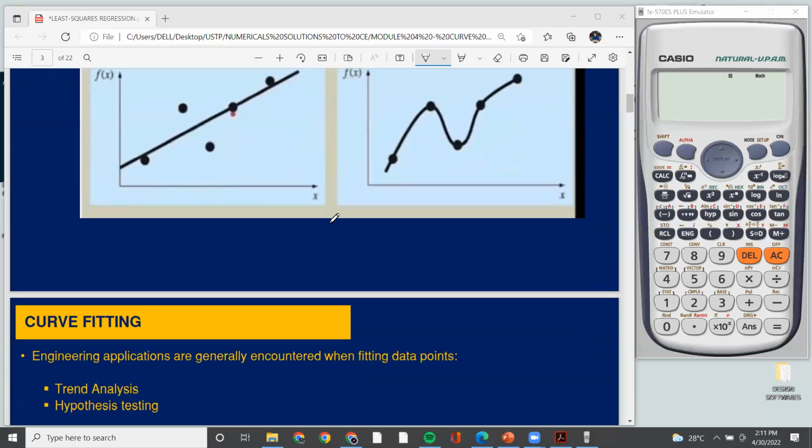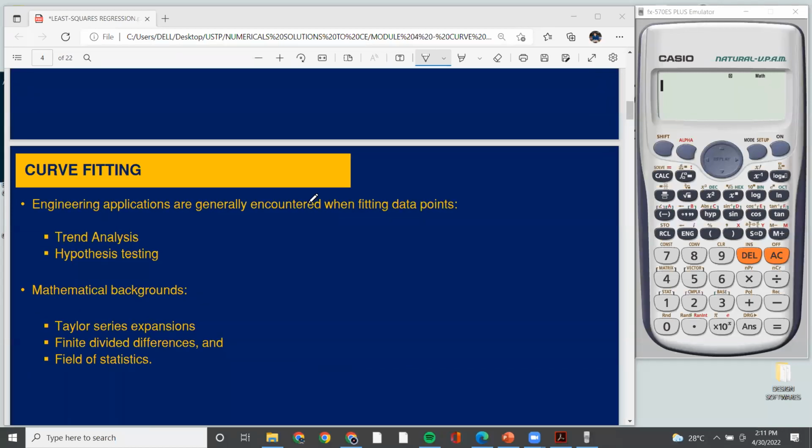Okay? So engineering applications generally encounter fitting data points. First is trend analysis. If we analyze the trend of the data, we can get it by curve fitting. Also hypothesis testing.